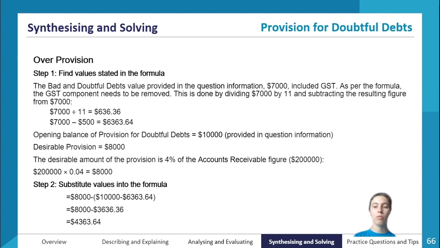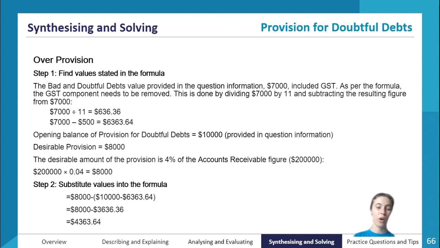We need to remove the GST amount. We know the opening balance was 10,000 provided in the question. The desirable provision, again, 8,000, that same calculation from the previous one. The only change here is the bad and doubtful debts amount that changed to 7,000. The other figures in this are the same as the other example.